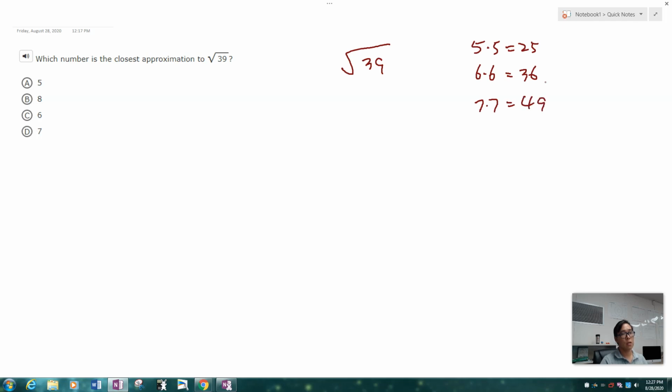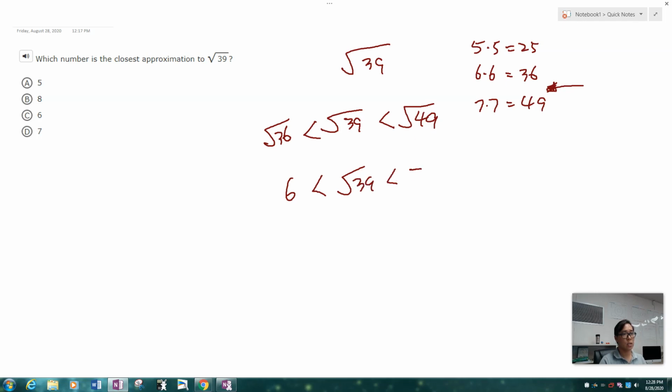It seems to me the square root of 39 should be somewhere in between 6 and 7. So the square root of 39 is bigger than the square root of 36 and less than the square root of 49. Why do we choose those numbers? Because the square root of 36 is equal to 6, and the square root of 49 is 7.